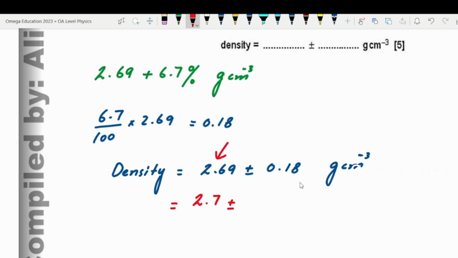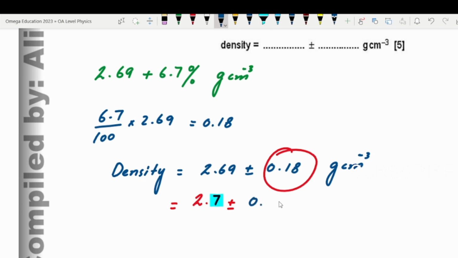Now, according to the rule, the number of decimal places in the uncertainty cannot be more than the number of decimal places in the principal value. How many decimal places do you have in the principal value now? Once it is rounded off to the appropriate number of significant figures, you have only one decimal place, which is 0.7.